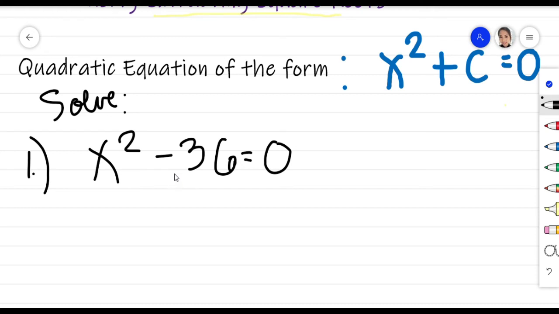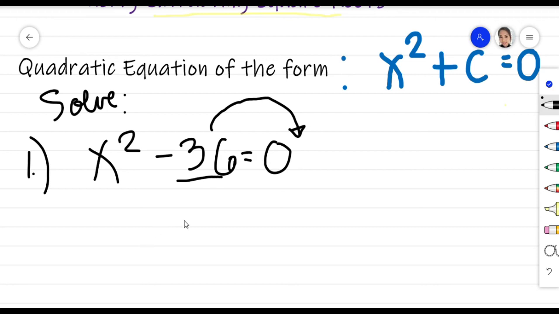So first thing to do is we need to make it so that only the quadratic term is on the left side of our equation. So this is the left side and this is the right side of our equation. We have to transfer negative 36 to the other side. Remember that if we transfer it, the sign of negative 36 must change.